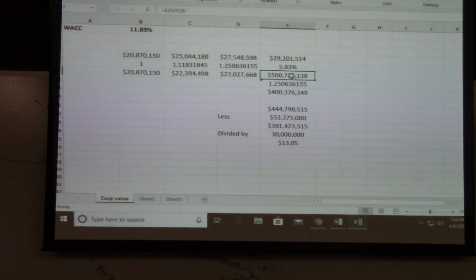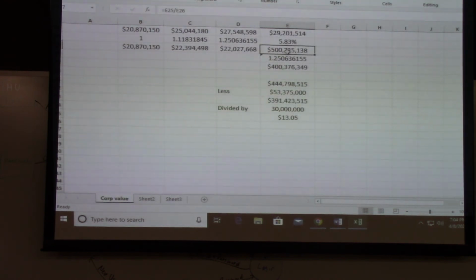This is our terminal value. Remember, we did this in chapter 8 in ManFin. So we need to find the present value of this $500 million terminal value. We're going to use the same discount rate as we used here, because at the end of year 2, we're going to sell, and we find that the present value of the terminal value is 400 million.